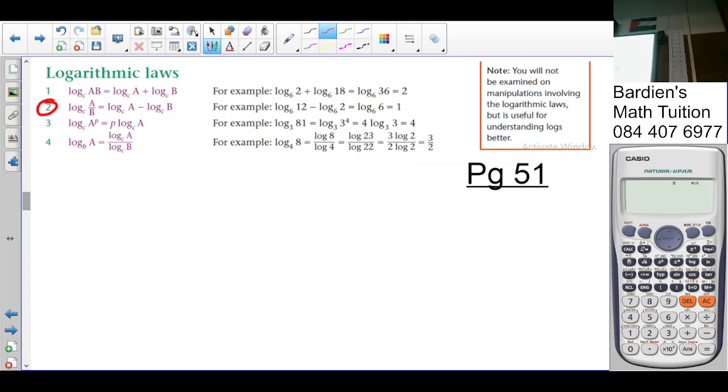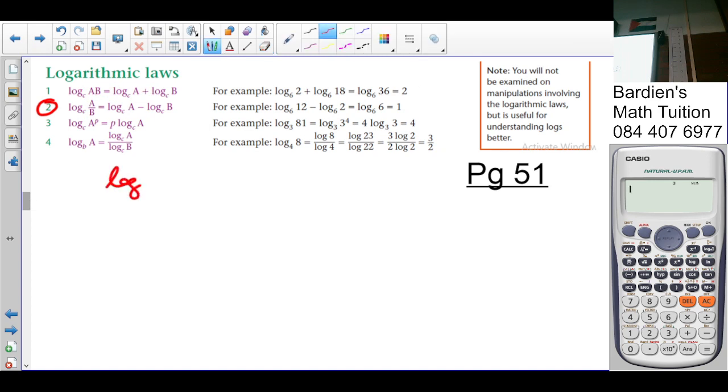Right, number 2. Log law 2. Log of the quotient is equal to the difference of the logs. Here we are dividing, so we subtract. Here we multiplied, so we added. Can you see that, people? So let's go with the example on log law 2.